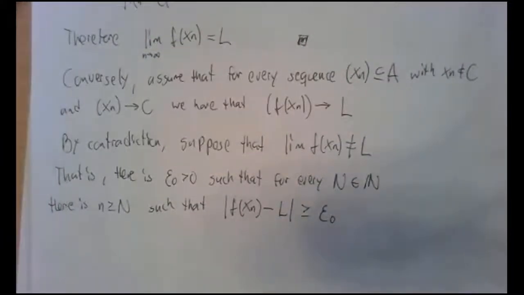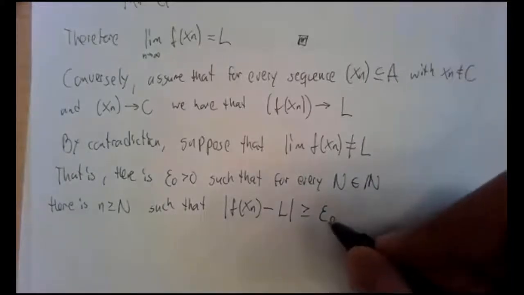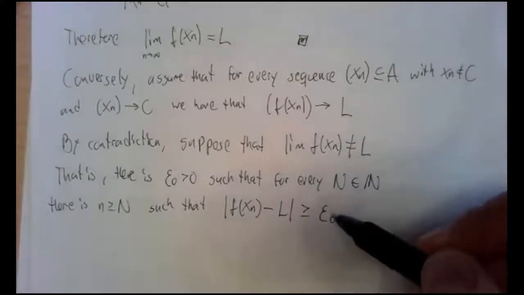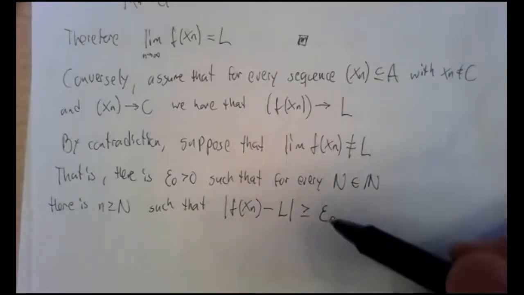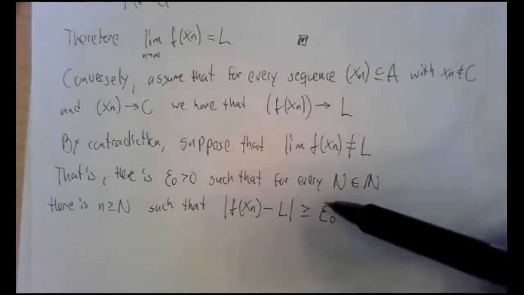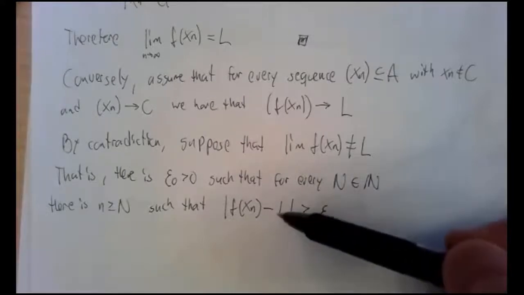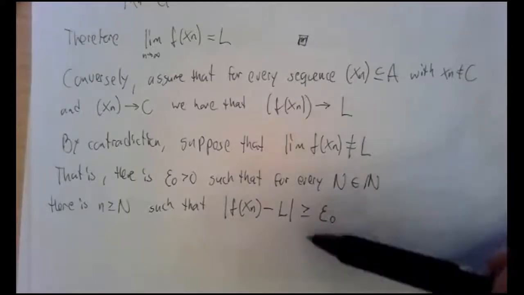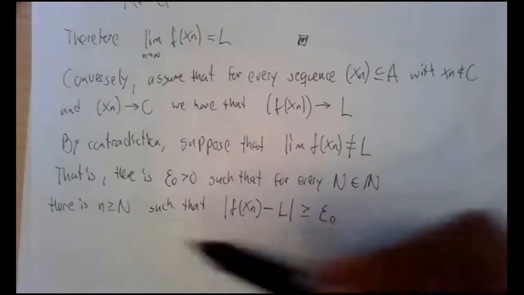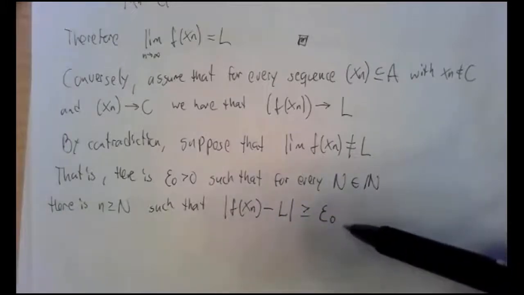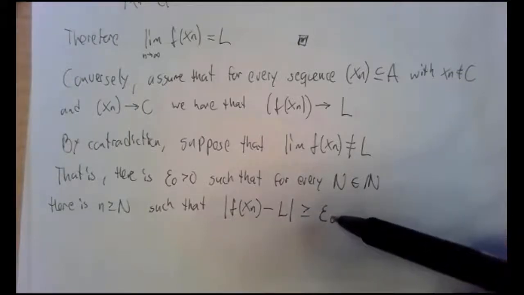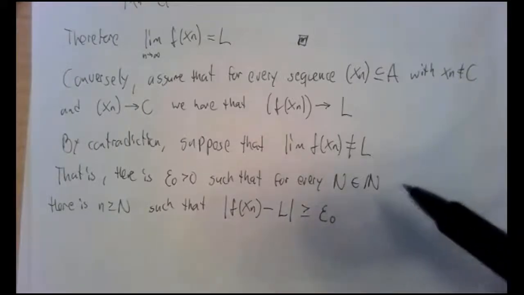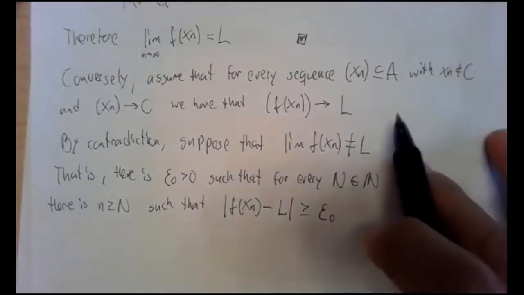Okay. How is that going to be a contradiction? You can almost see it here, right? On the one hand, this is a sequence that will not converge to L, since it's away epsilon 0 from L. So all we need to do is specify the sequence that we want.